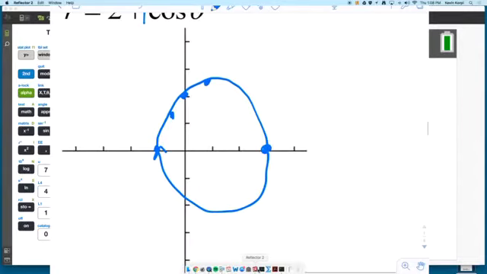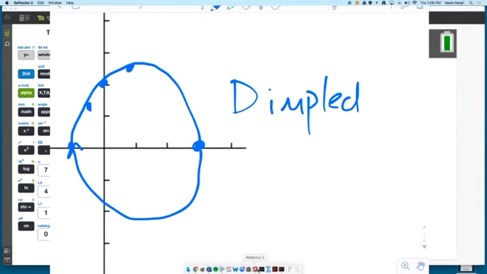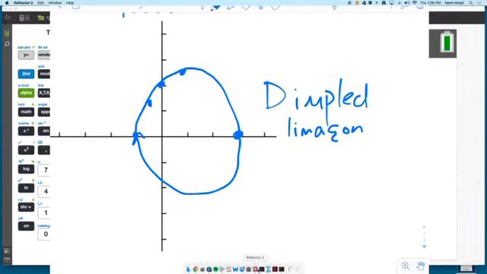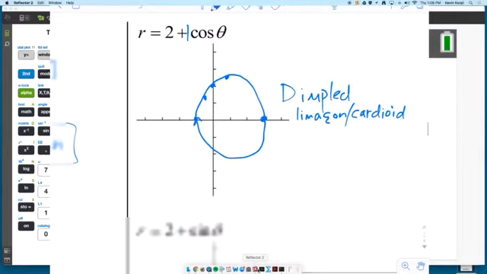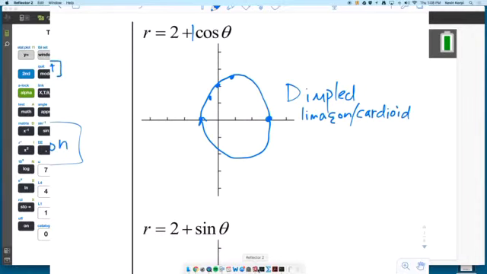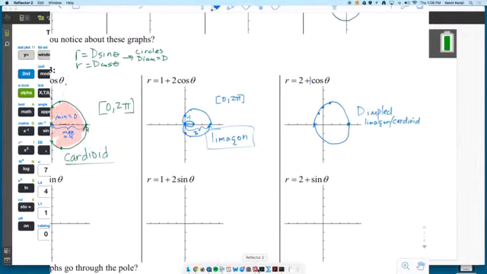This one is called a dimpled limaçon or a dimpled cardioid. They belong to the same family. But it doesn't actually hit the x-axis or the polar axis. It has no polar zeros. All right? But it does have x-axis symmetry, and it traces out once from 0 to 2 pi.